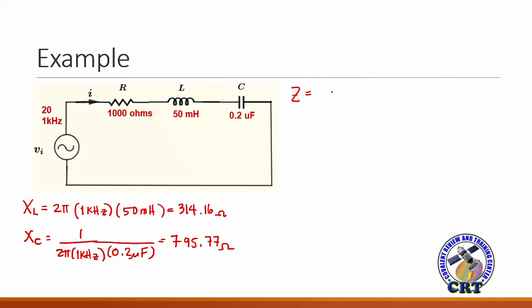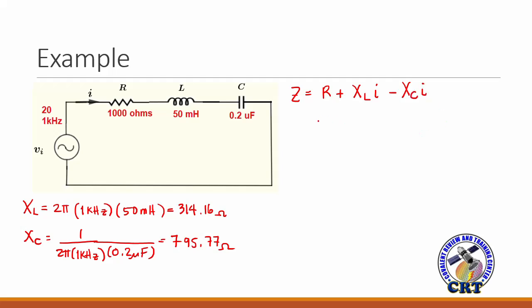To solve for the total resistance or the impedance, since this is in series connection, we just need to add the ohmic values. So R plus XL i, that is positive, minus XC i, that is negative.